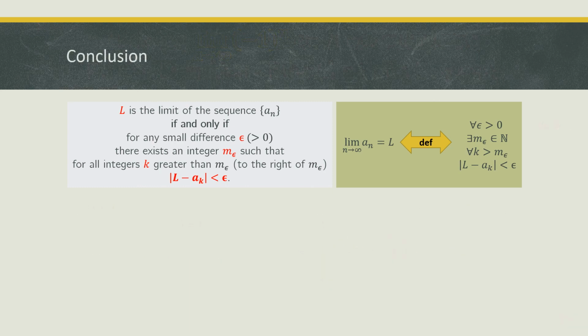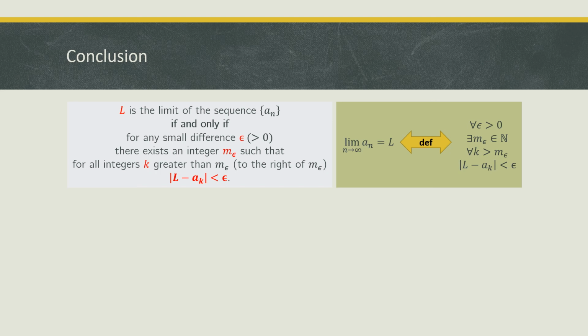In this video, we have discussed what I think is one of the most challenging concepts in calculus, and that is the precise definition of a limit. And that definition is written here.